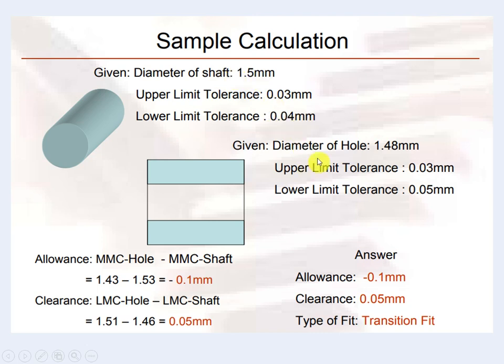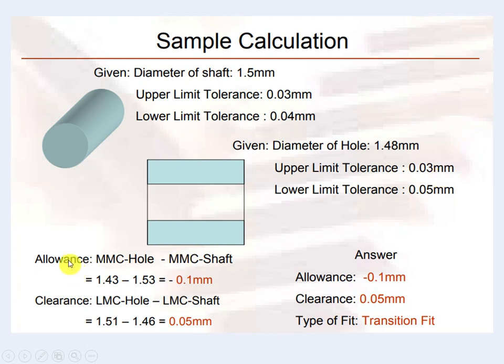What is the MMC condition for the hole, guys? It's the basic size 1.48 minus 0.05, because the maximum material condition is the smallest hole. What is the LMC condition for the hole? It's the basic size plus 0.03 millimeter.